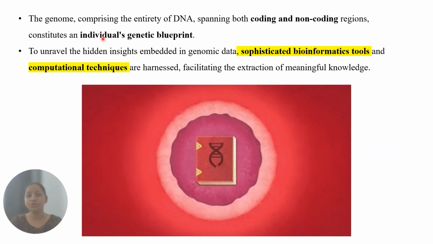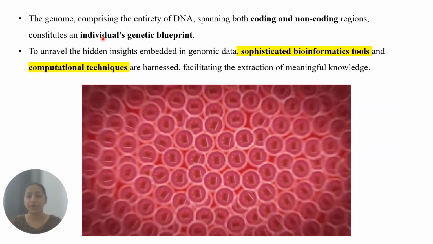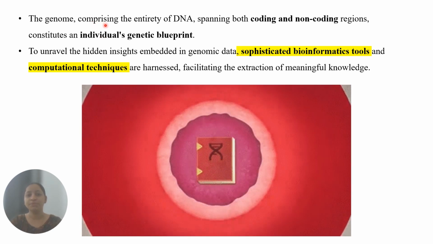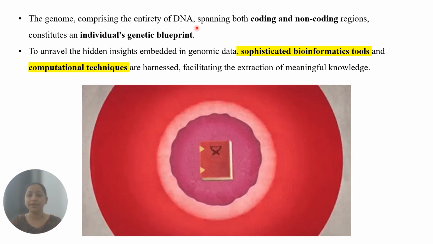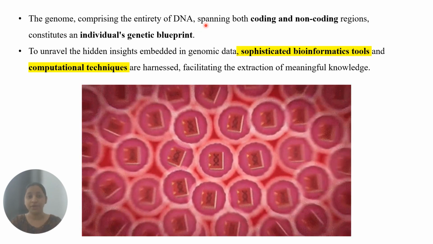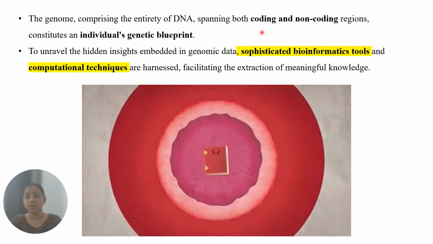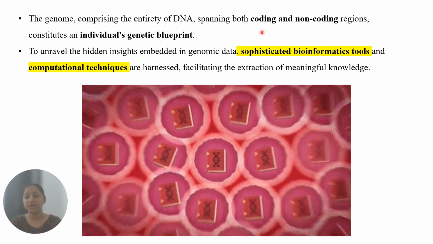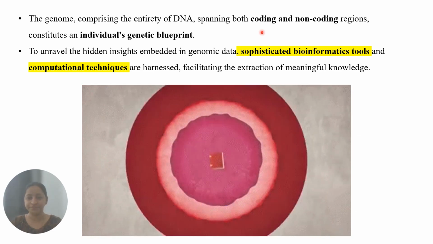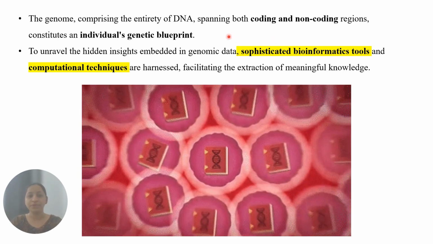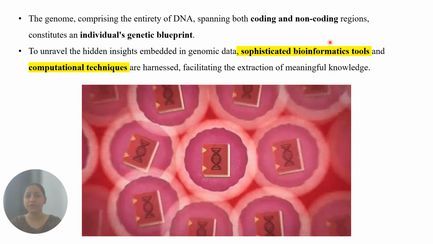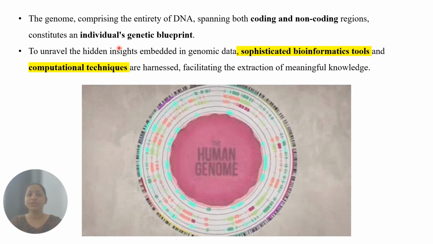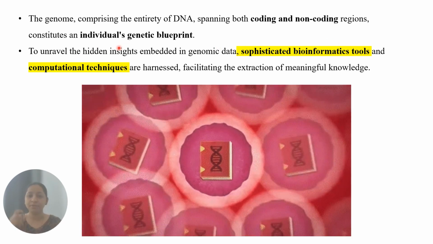First we all have to understand that the genome is comprised of DNA, so it contains the DNA sequence, and those sequences are in the form of coding as well as non-coding regions. We try to understand that DNA with its coding and non-coding regions as the individual genetic blueprint, which is the makeup.